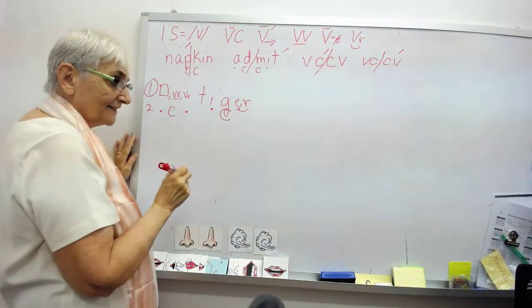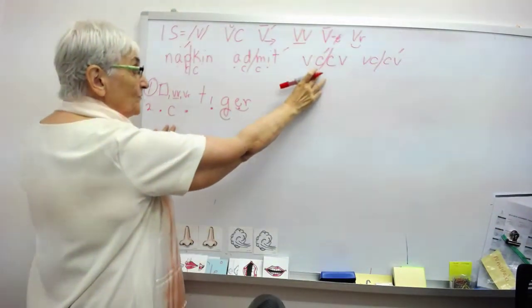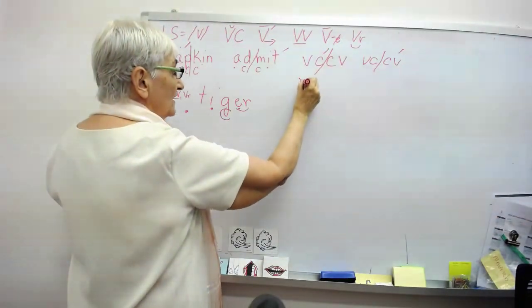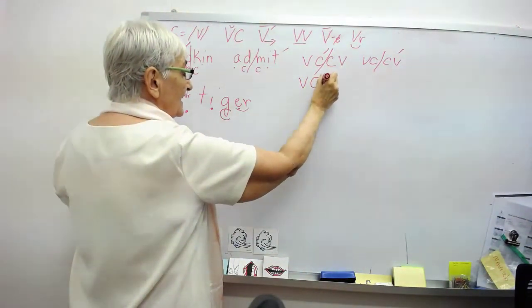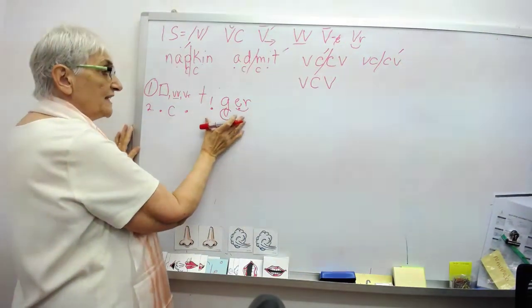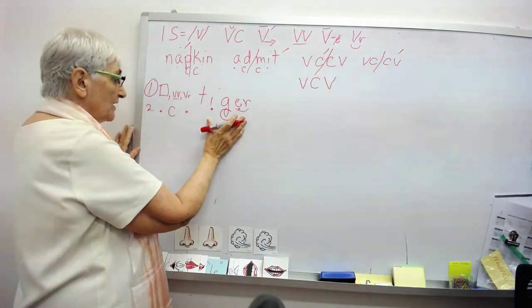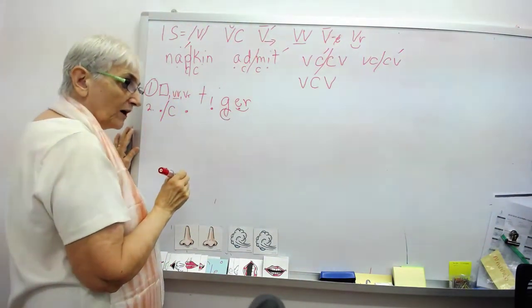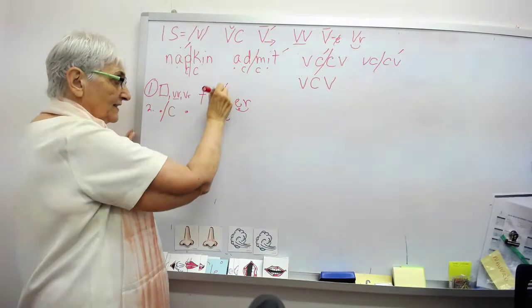New pattern. This was the pattern before. Now we have a new pattern. This is a vowel, a consonant, and another vowel. If you see this pattern in English words, it will usually break before the consonant. So I'm going to break this word right there.